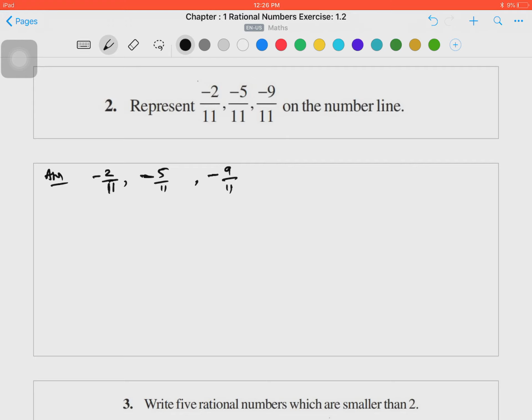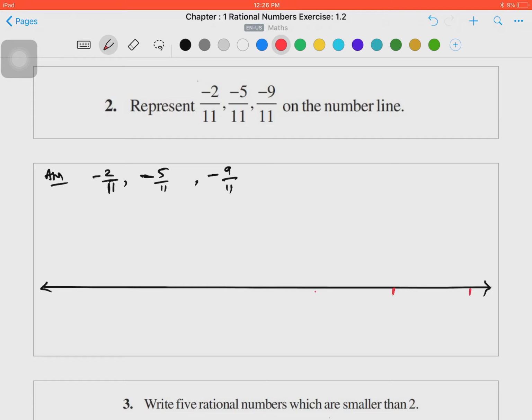Okay, so again start by drawing a number line using a pencil and scale. Draw a fine line like this. Again, because the numbers are negative, we'll write the 0 toward the right hand side.